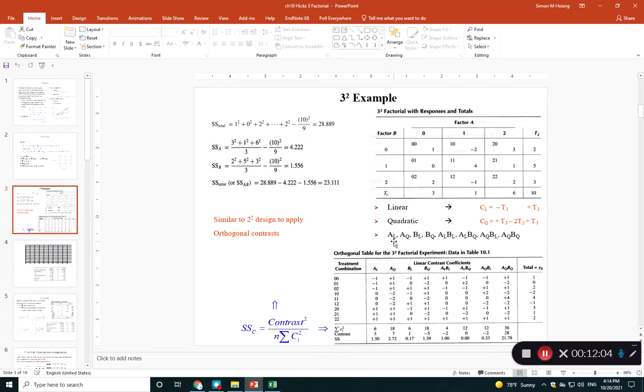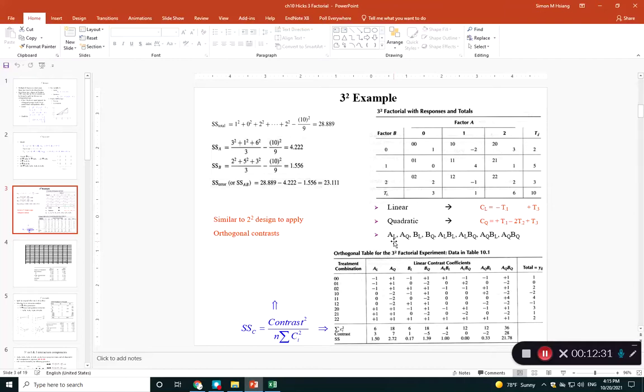A got linear effect and quadratic effect, right? So that's 2 degrees of freedom. B got linear effect and quadratic effect, 2 degrees of freedom. But totally I have 9 observations. I have 9 degrees of freedom, minus the overall average where the central station is going to be. I should have 8 degrees of freedom, 4 more degrees of freedom I can use.